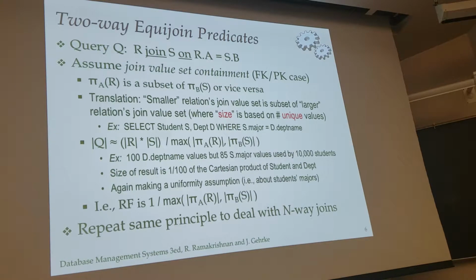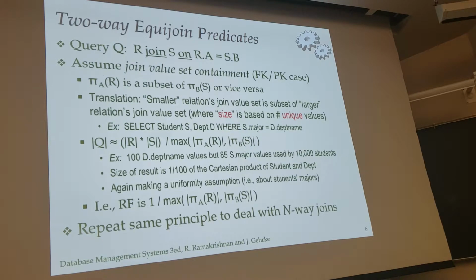And so the assumption is, and this is usually, but not always true, that it's a primary key foreign key join. And by the way, it doesn't have to be just on one column, it could be on multiple columns. So you're doing something where you're taking students and majors. We're basically assuming that students have one of those majors, that it is a foreign key.